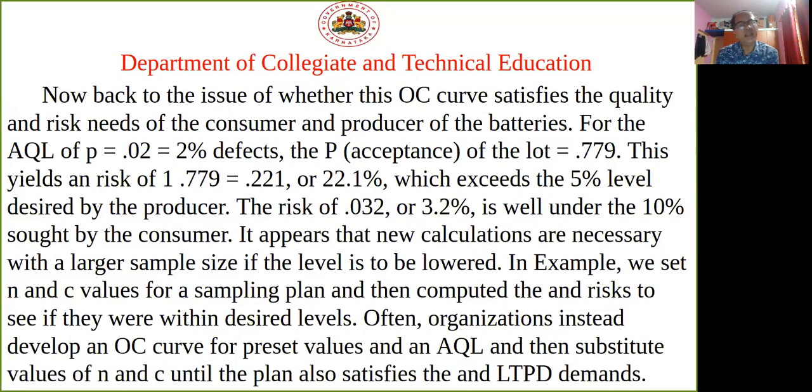For the AQL, P equal to 0.02, 2% defective, the lot acceptance probability is 0.779. So this risk yields 22.1%, which exceeds the 5% level, because they have decided already that the AQL should be 5%.